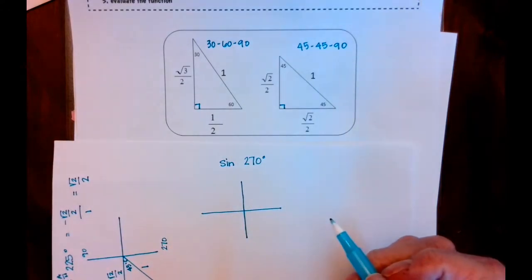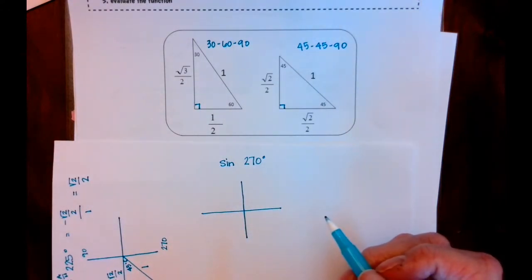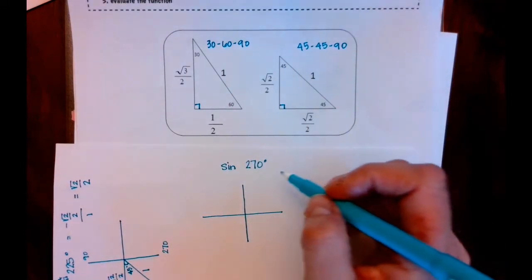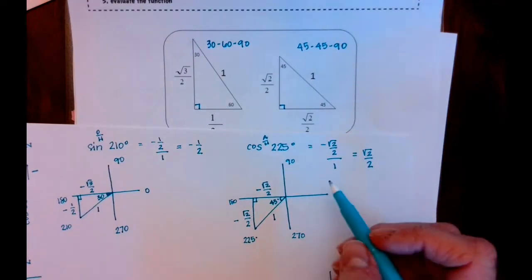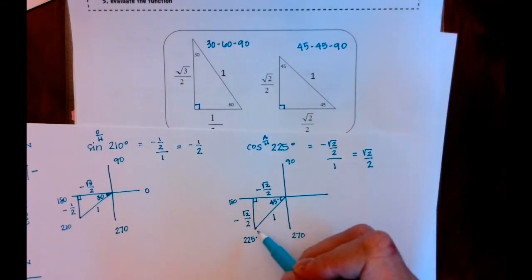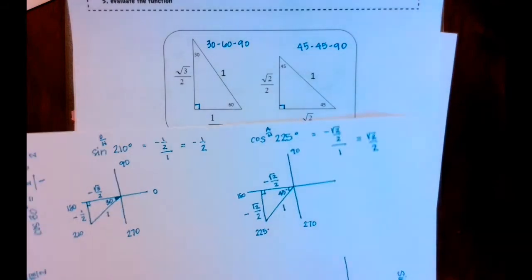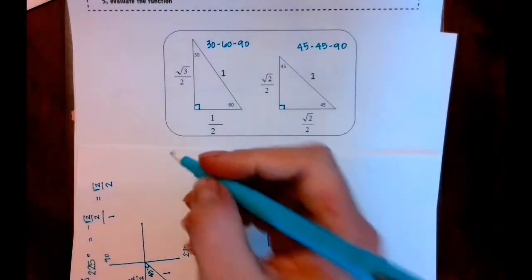Okay. When you watched the last delta video, he talked about, let's go back to this one for a second. He talked about the x and y coordinates, right? So he had an x and y coordinate right here, and he told you that cosine is the x coordinate and sine is the y coordinate.